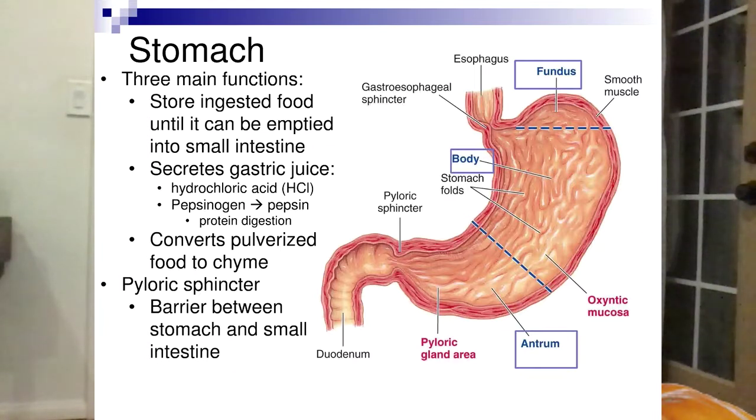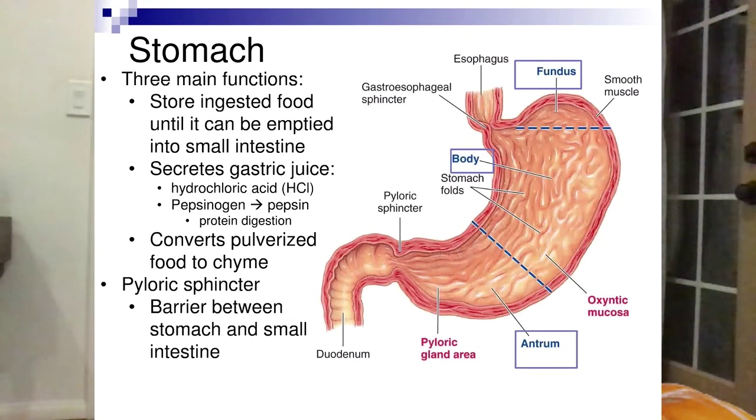But then the other thing is it's associated with an enzyme that gets released. The stomach will release an inactive form of an enzyme called pepsinogen. In biology in general, when you see something end in -ogen, it's an inactive form of something.